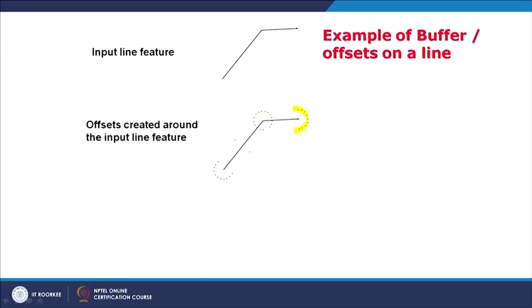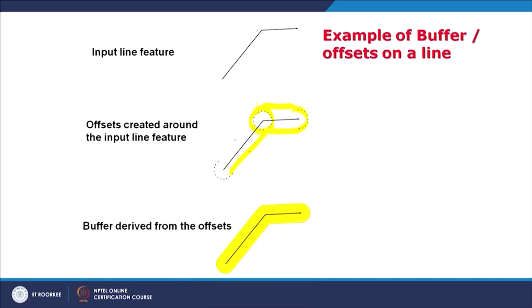So, a half circle is drawn here, and within the polyline the full circle is drawn, and then finally these circles are connected like this, as we can see here. So, the input is the line feature, then the offset or expansion is decided by the user depending on the understanding about a particular requirement of the phenomenon, and then the buffer can be generated like this.